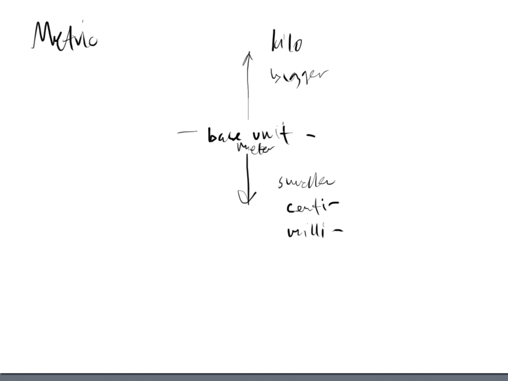Now, these are not the only ones that are there. So I want to talk about some of the most common, but I'm going to put many more on here than what we use most of the time. So I'm going to go back and we're just going to start with base unit again, and we're going to go bigger and we're going to go smaller.